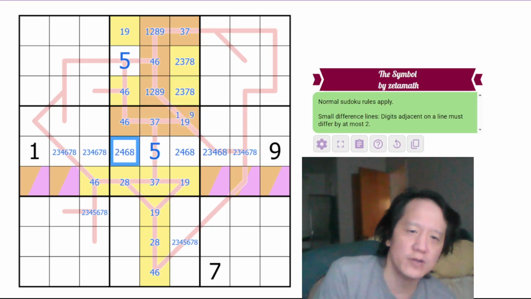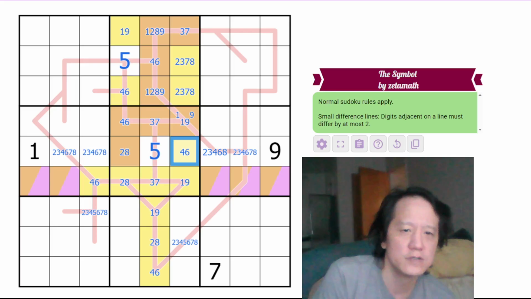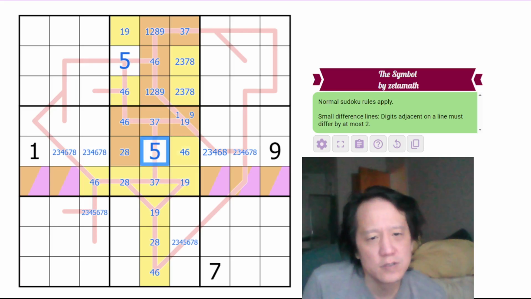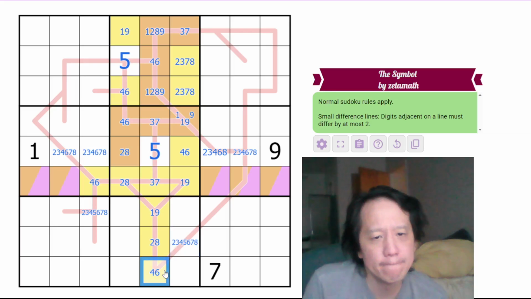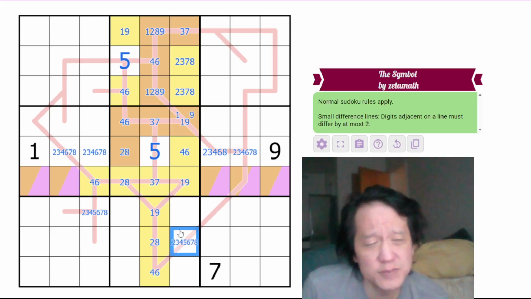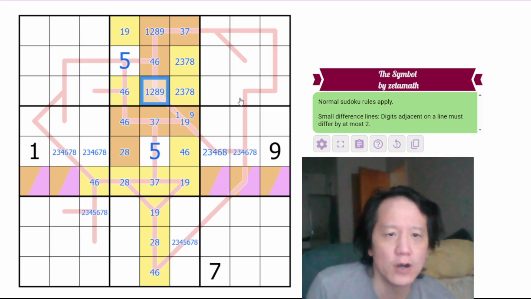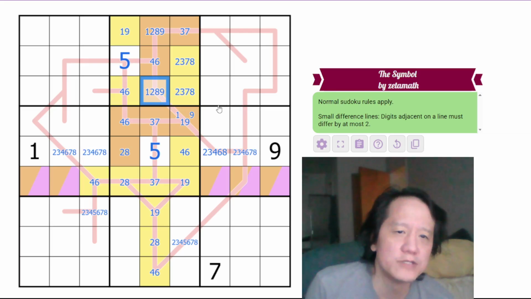This would not be orange, so this would have to be orange 2, 8. That would force this to be yellow 4, 6. Yeah, that seems fine. So, this can't be. Oh, no, it's not fine.